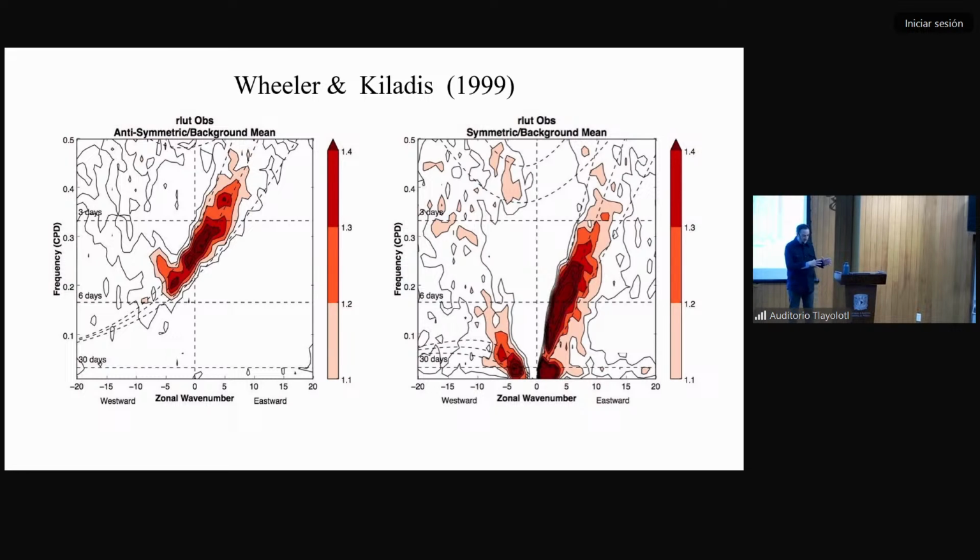We don't have the MJO convection over Mexico, but we have the influence of this wave that may enhance, for example, in the spring, more radiation.